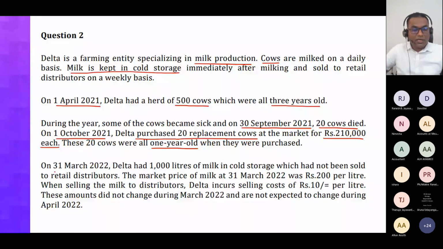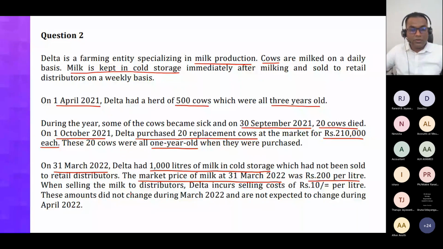On 31st March 2022, Delta had 1,000 liters of milk in cold storage, which had not been sold to the retail distributors. Market price of milk at 31st March 2022 was 200 rupees per liter.